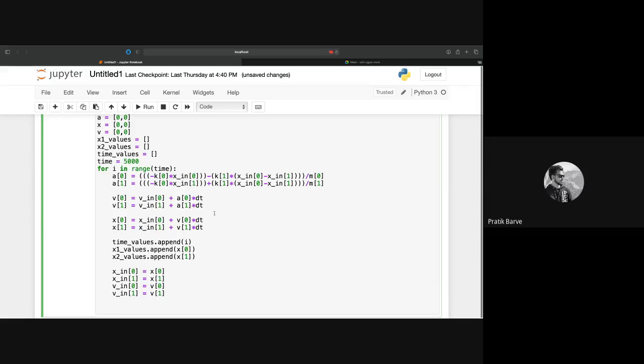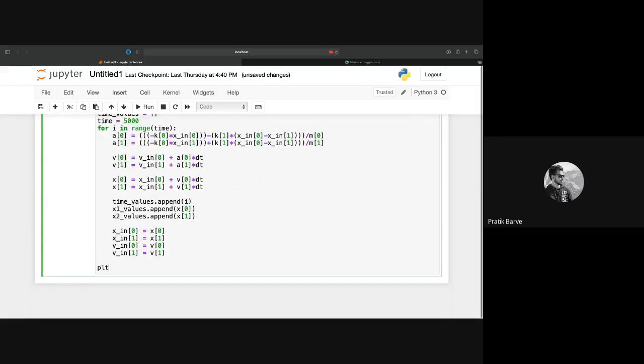Now we'll see how the plot looks for this. So let's say figure size. And we'll plot time versus an array of time values versus our x1 values.